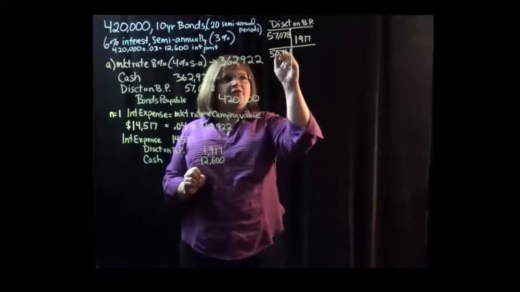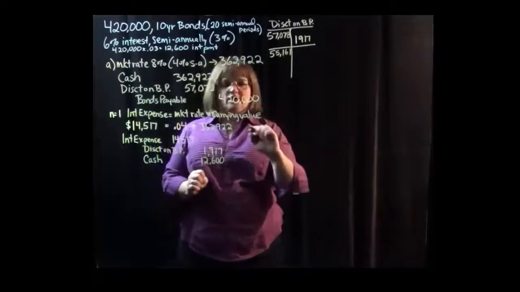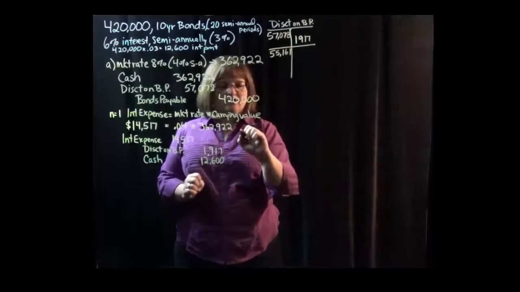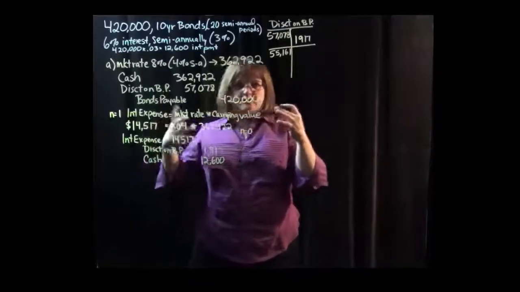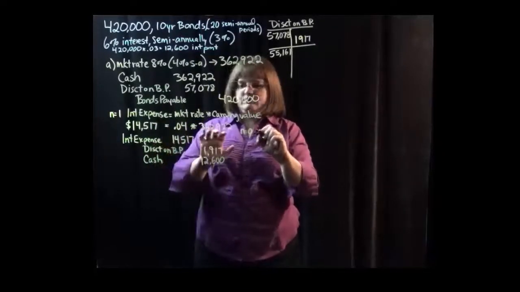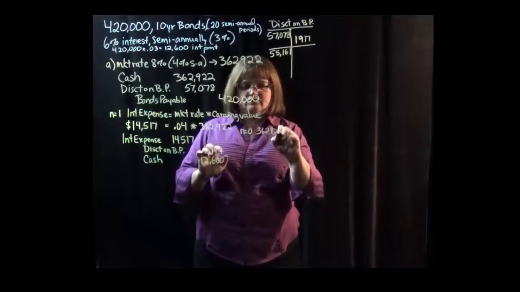That means that our carrying value, we'll get a running list of our carrying values here as well. So at n equals 0, before any interest payment periods had passed, we had a carrying value of $362,922.